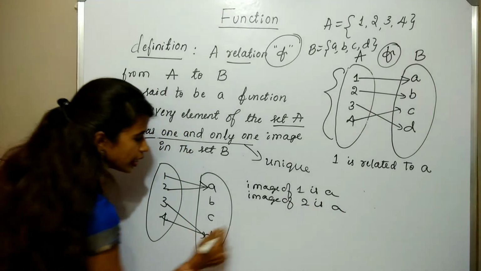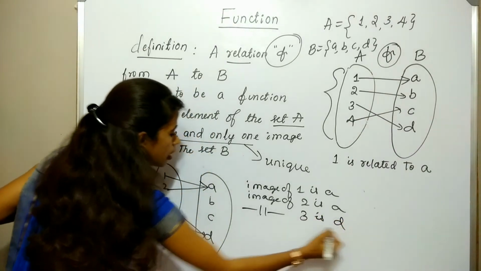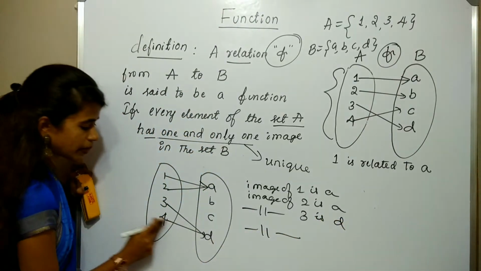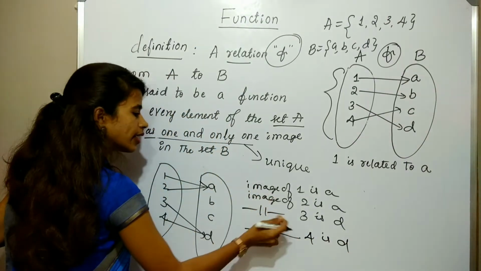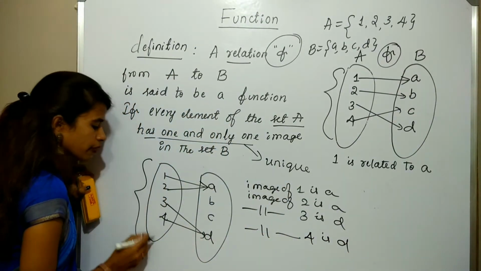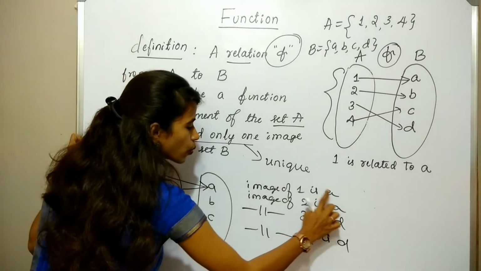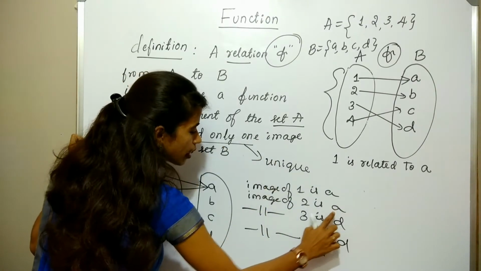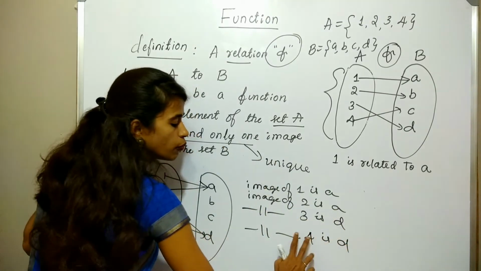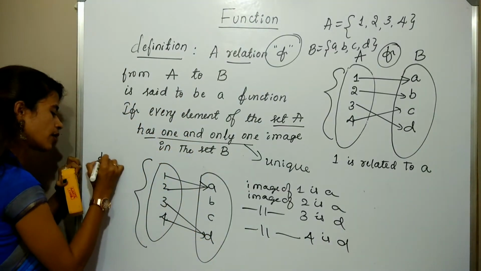The image of 3 is d, and the image of 4 is d. So clearly every element of the set has one and only one image: 1 has only one image a, 2 has one and only one image a, 3 has d, and 4 has one and only one image d. Therefore it is also a function.